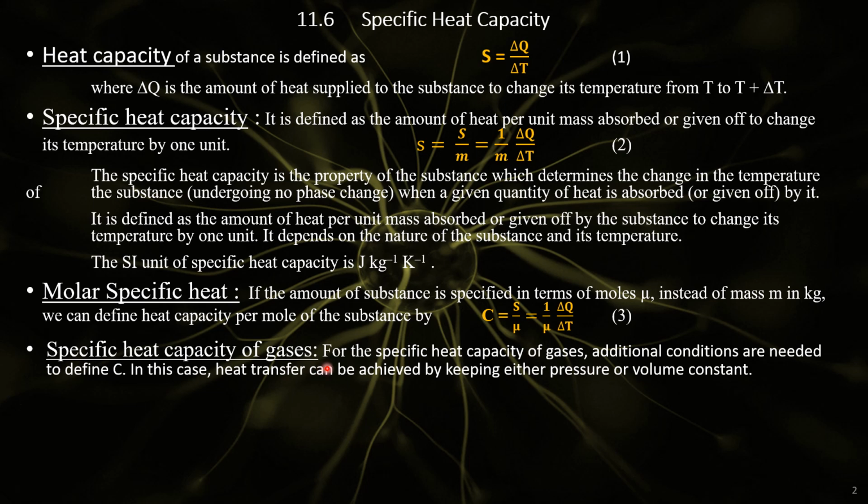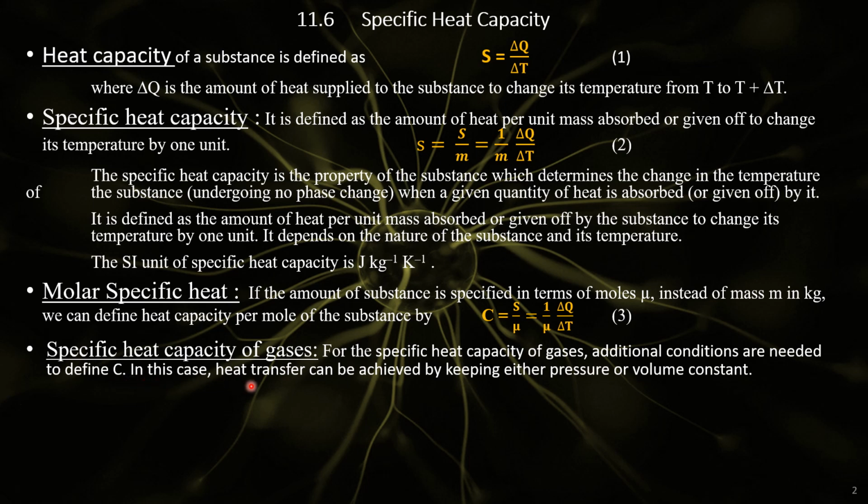It is observed that the specific heat capacity of gases varies with pressure and volume. Hence, there are two types of specific heat capacity of gases. For gases, additional conditions are needed to define capital C, that is molar specific heat.